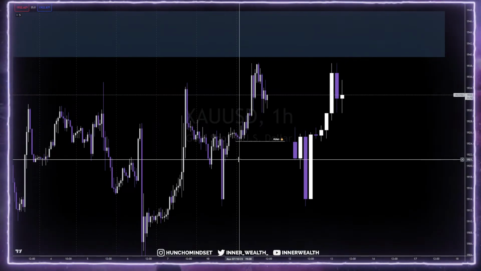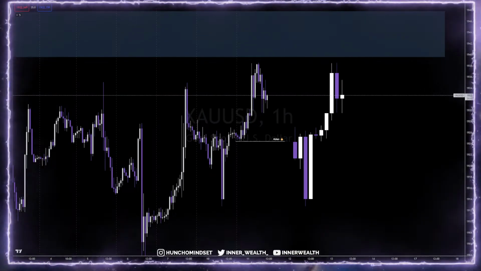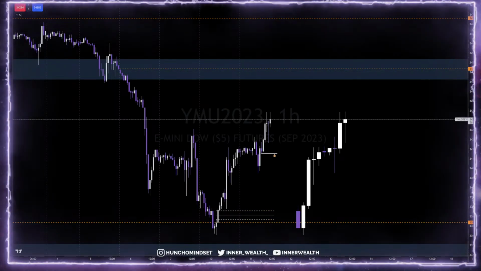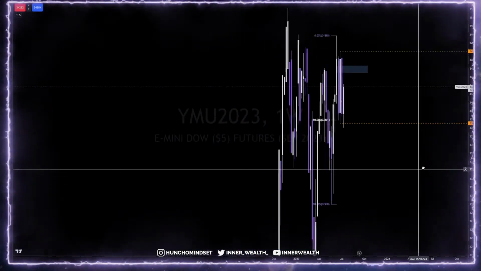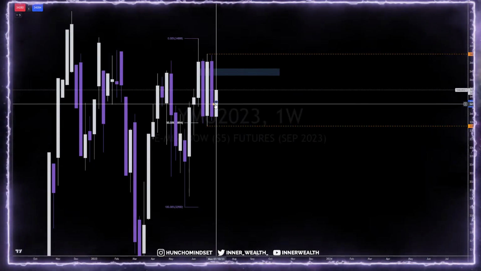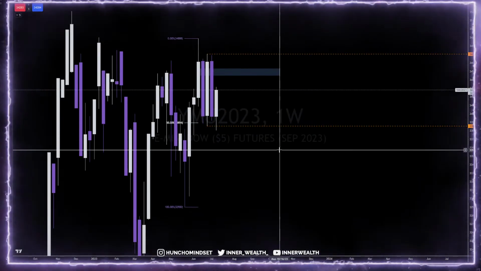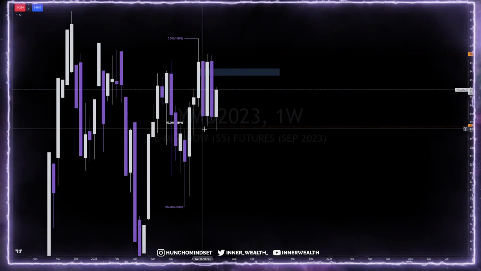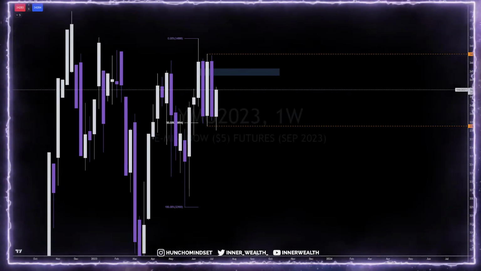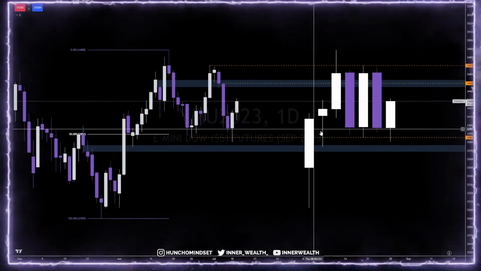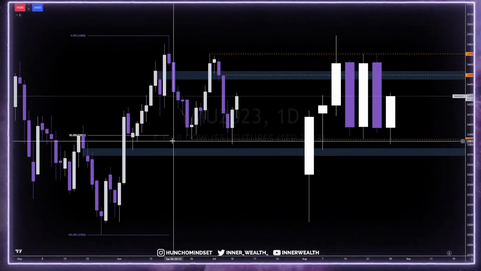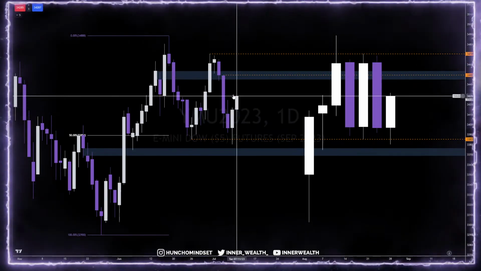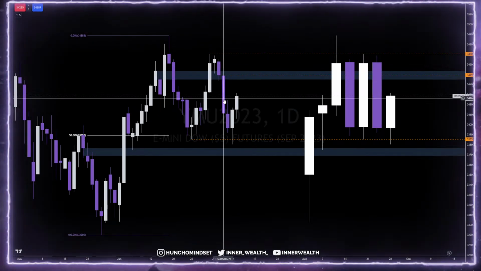US 30? Sure. US 30, same as the other indices, we're looking at internal liquidity here on the weekly being taken out. Dow is the one that came down to discount and it's been blasting off. Came into this previous area of distribution here.